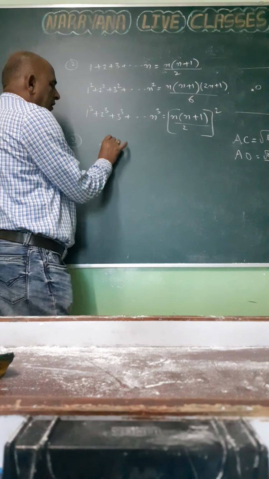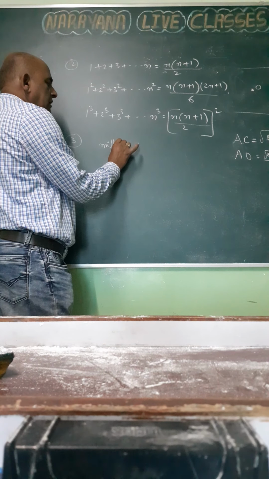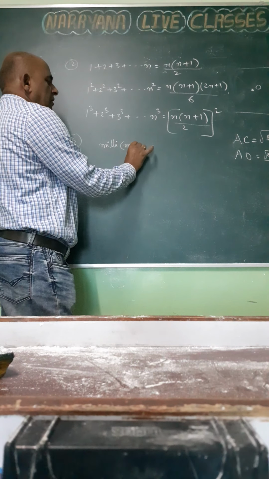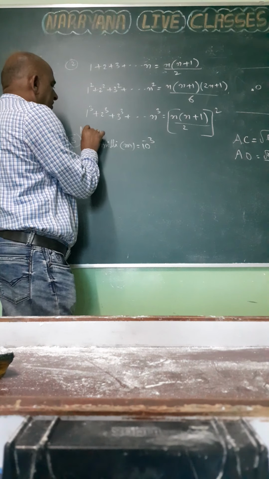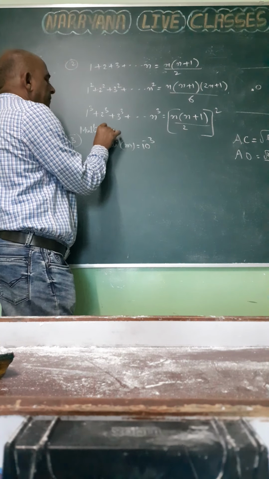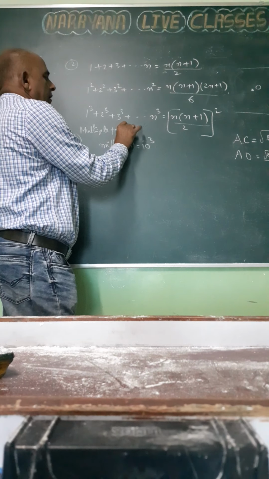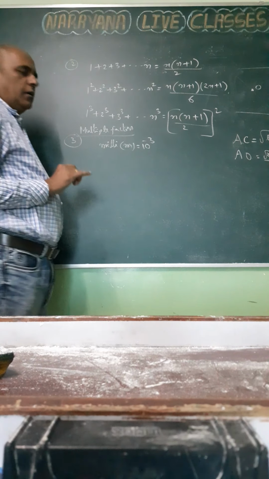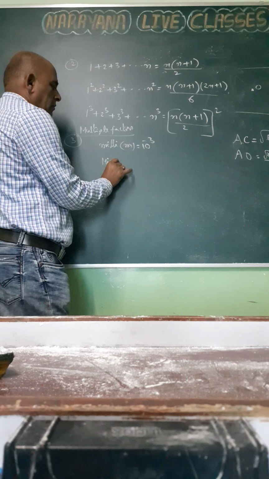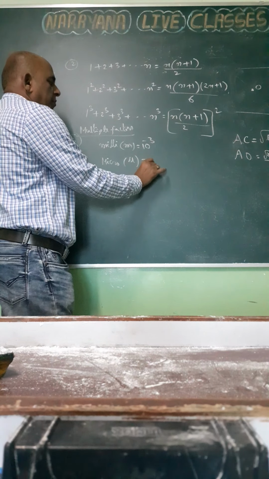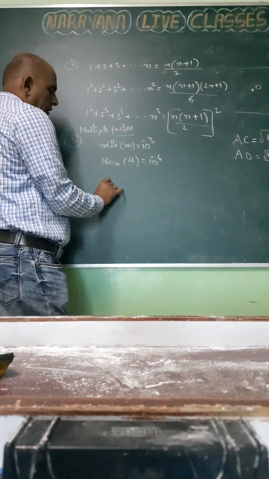Milli, represented by small m, is 10 power minus 3. Micro, represented by mu, is 10 power minus 6.